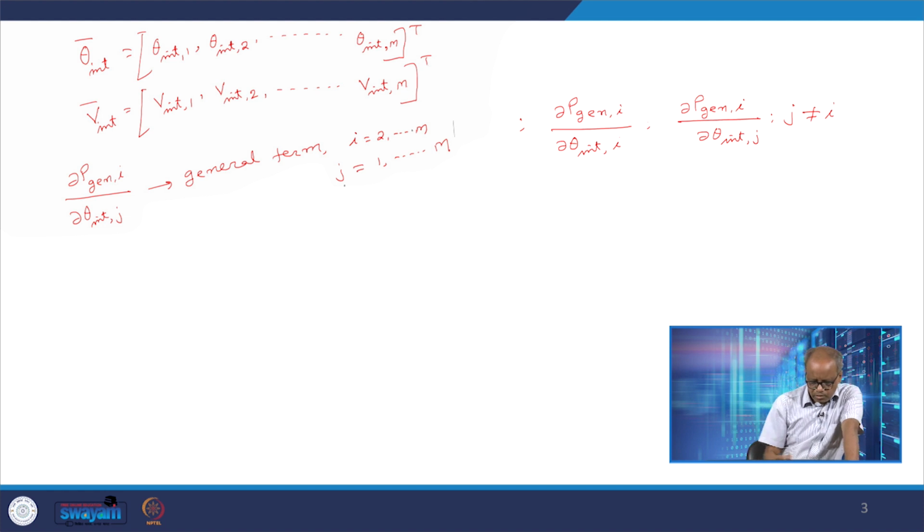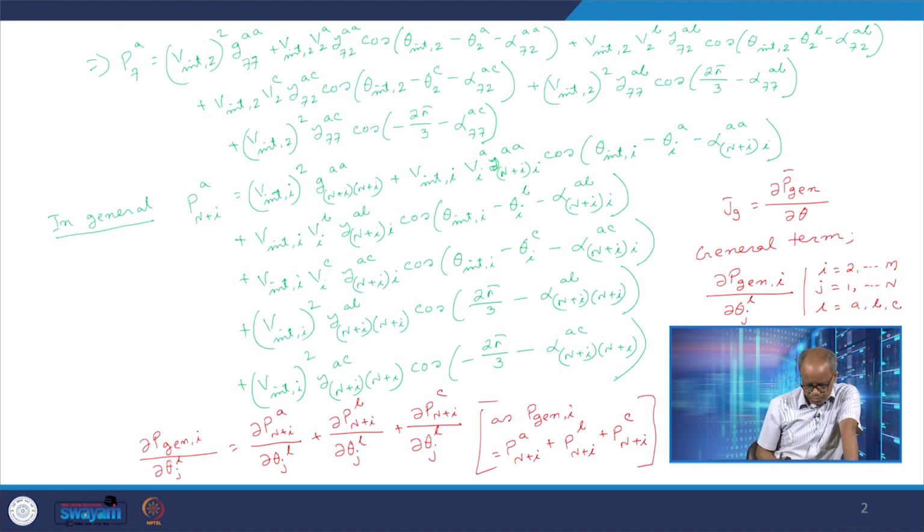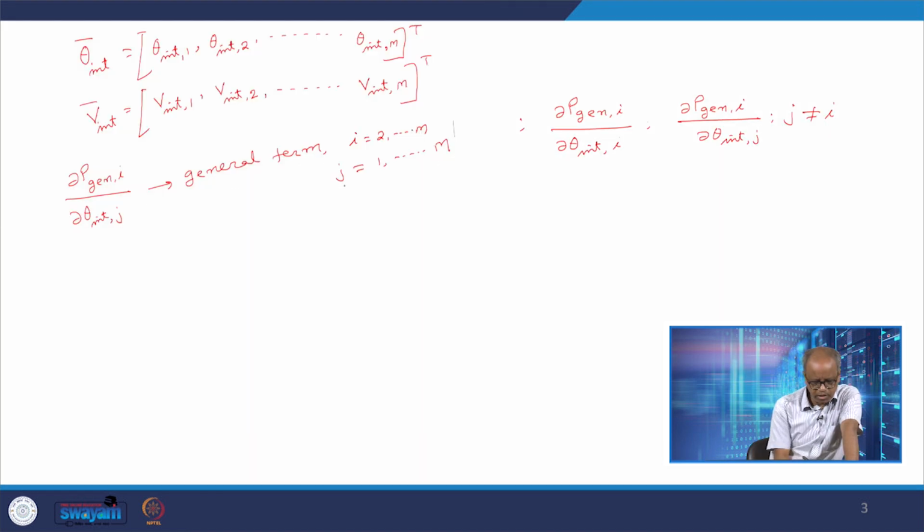Now we know that P gen I is equal to P n plus Ia plus P n plus Ib plus P n plus Ic.